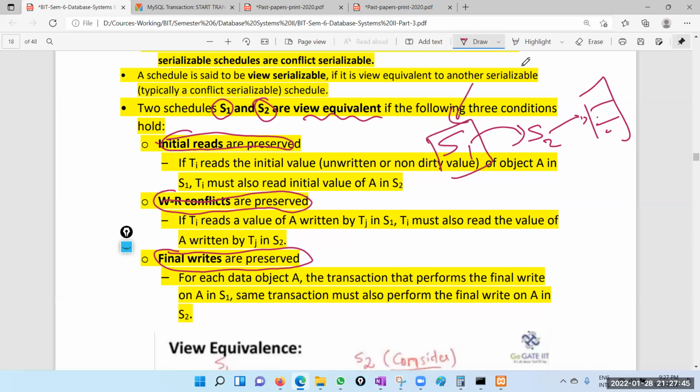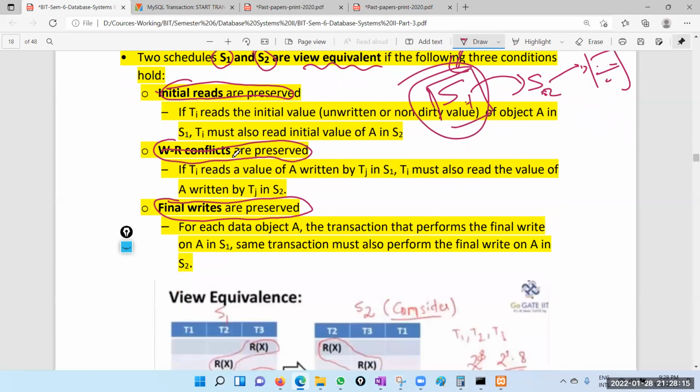Though it is not conflict serializable, it is view equivalent to a conflict serializable schedule, and therefore we can say S1 is also serializable. That is how you do it. Initially you don't get it, because this one is not conflict serializable, but it is view equivalent to this one, and this one is conflict serializable, therefore this is also serializable. So what are these 3 conditions? Initial reads, write read conflict, and final writes.